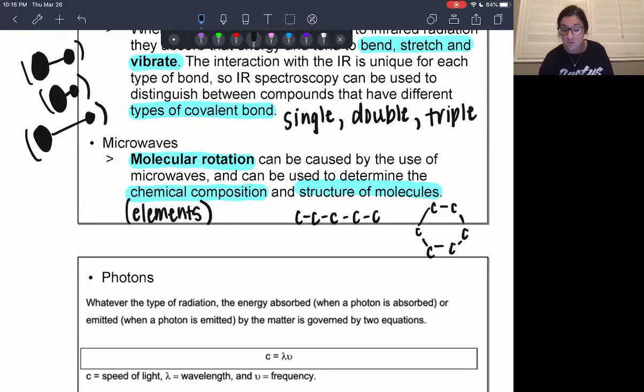I think I drew an octagon instead of a hexagon, but this is what determines the shape, because a string of carbons is going to rotate with much more difficulty than a ring of carbons is going to rotate. So the energy input to get those two things to rotate is going to be very different, but by comparing the energy input, we can make an inference as to what the shape or the structure of the molecule is going to look like.